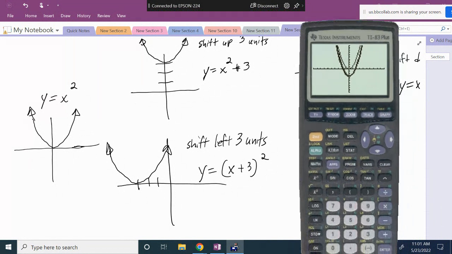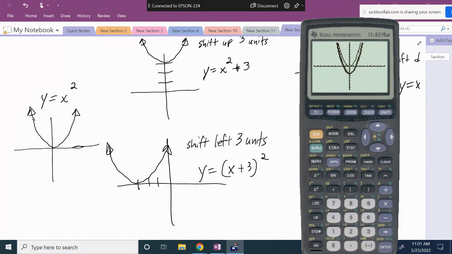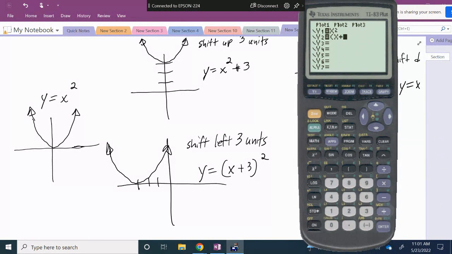So let's take a look at the calculator just to verify. I'm going to go to y sub 2, clear that out, and put a set of parentheses. I'm going to put in x plus 3 quantity squared.